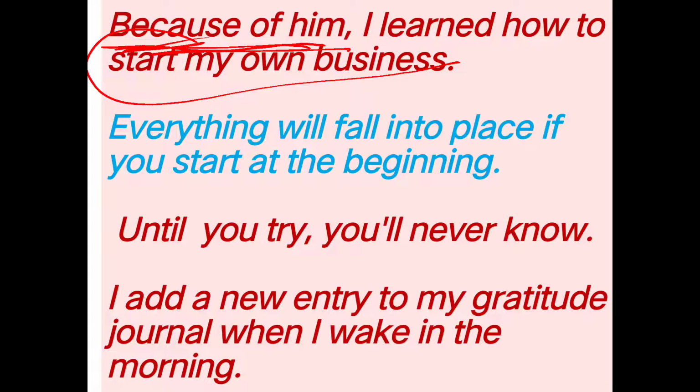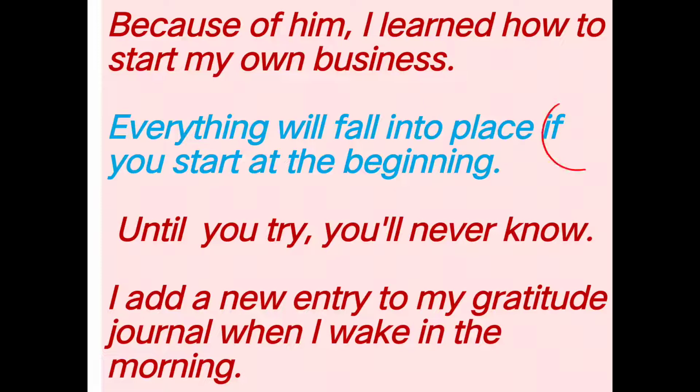Second sentence you can see here: everything will fall into place if you start at the beginning. So here this word if is working as a conjunction, right? You start at the beginning.